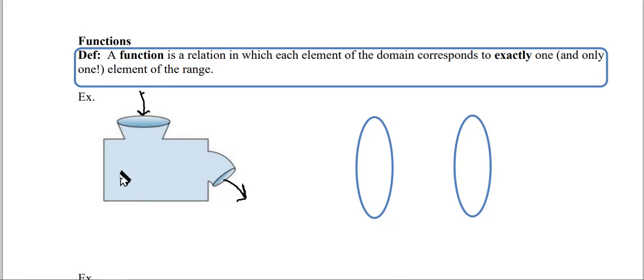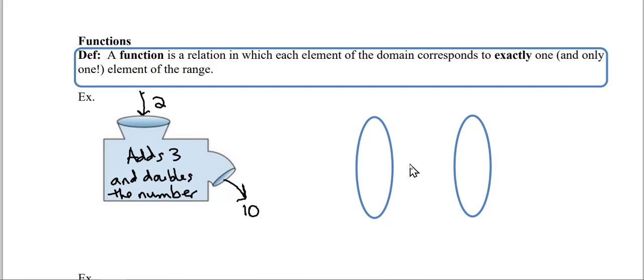So maybe you have a function box that adds 3 and doubles the number. And so if we put 2 in here, we add 3 to that, we get 5, and then we double the number, our output would be 10.